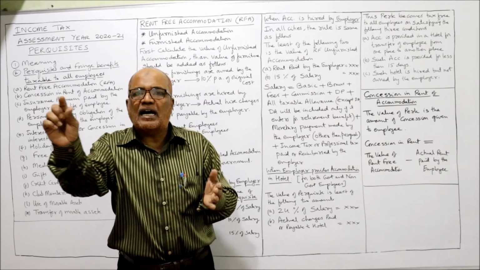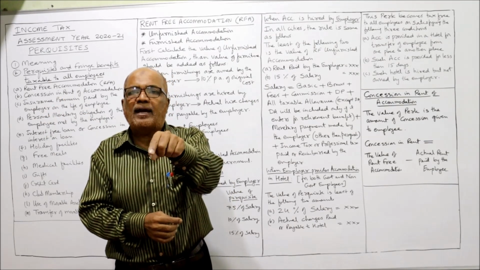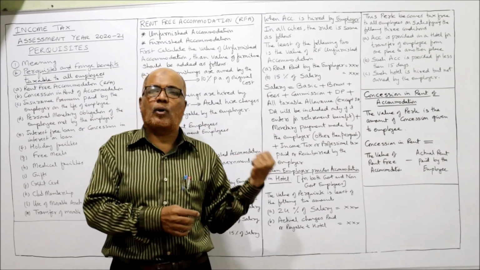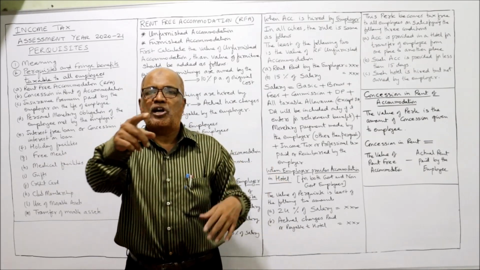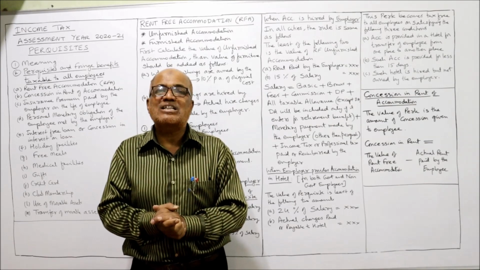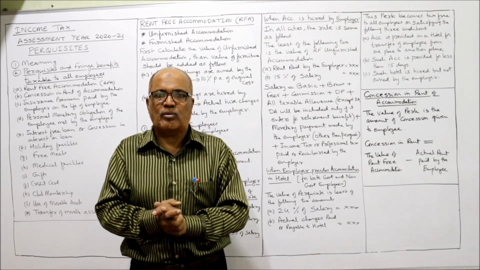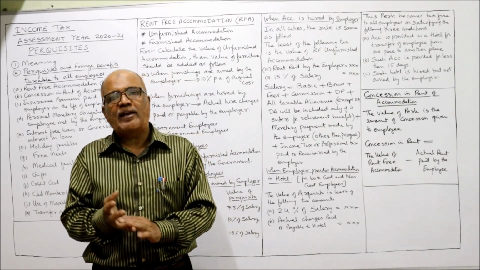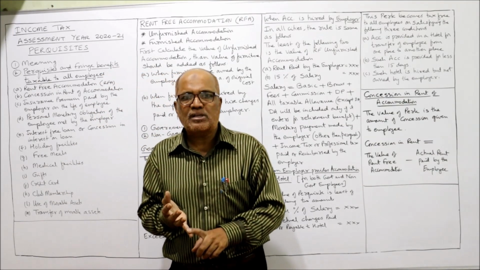After that, we deduct the rent paid by the employee to the employer. During the year, whatever rent is paid by the employee to the employer will be deducted. That gives you the concession in rent. That's a taxable perquisite.